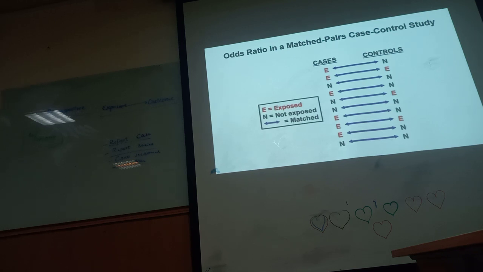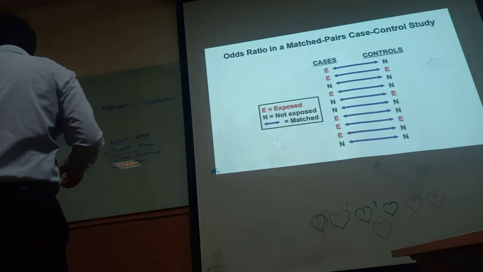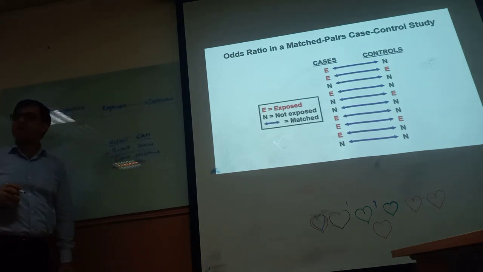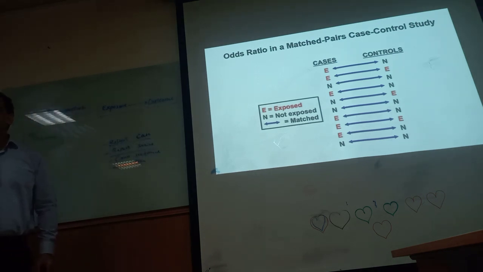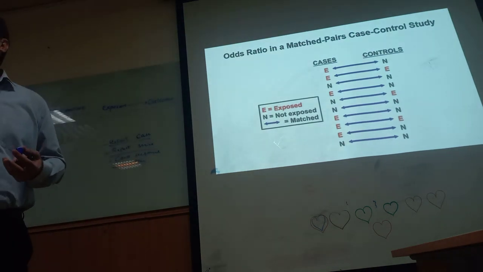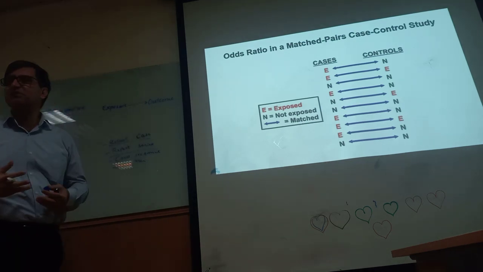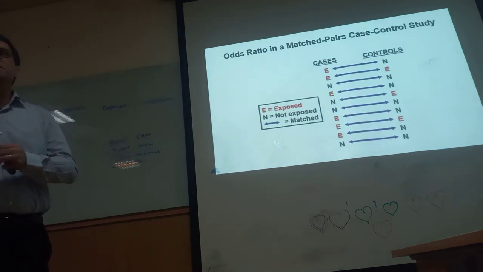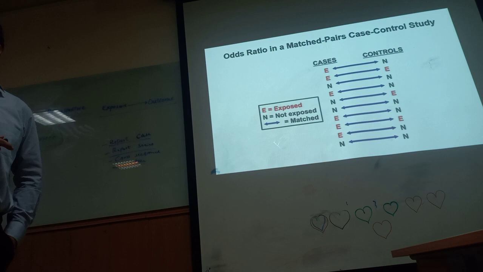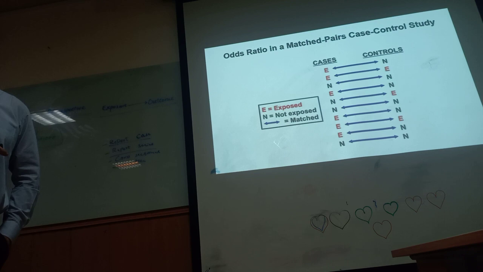Because the case is exposed and the control is not exposed. Is it clear? We have hypothesized that our exposure has an association with the outcome. If more cases have exposure, it means that exposure has an association with the outcome. So if in this matched pair the case is exposed and the control is not exposed, it is in favor of our hypothesis.